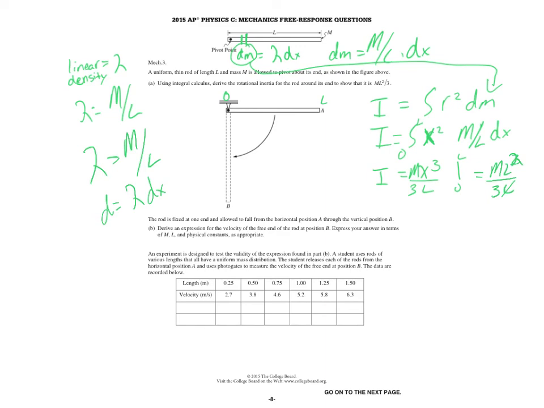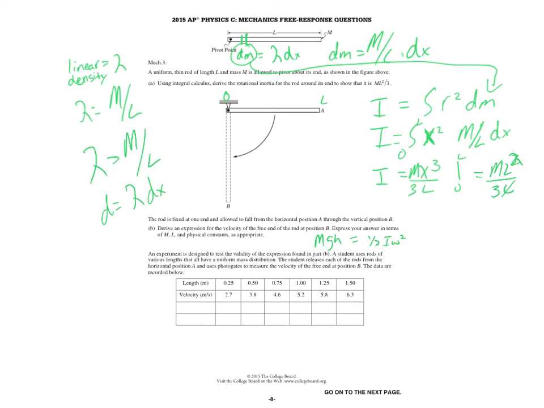All right, derive an expression for the velocity of the free end of the rod at position B. Express your answer in terms of ml and any physical stuff that you feel you need to. Okay, so let's look at it. Basically, we've got potential energy equal to rotational kinetic energy, because it's only rotating. So we have potential energy equals 1/2 I omega squared.